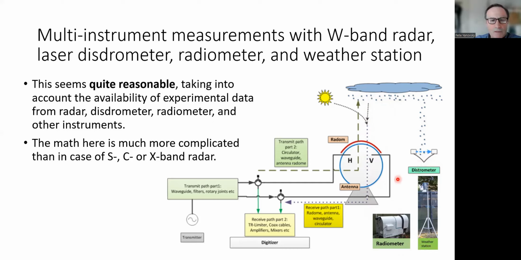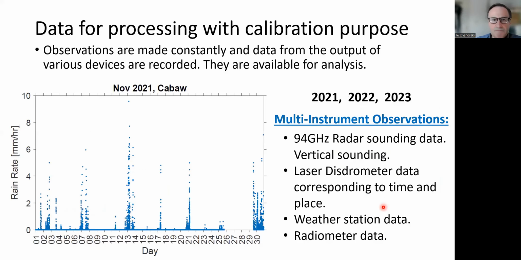And actually, our task is to compare this data and try to provide the data fusion of different devices. We will see that the mathematics in this case is much more complicated than in the case of centimeter ranges.